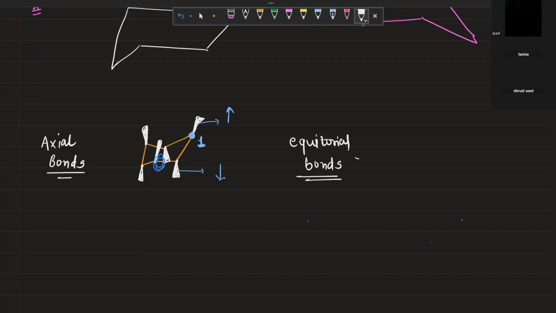So now again we are going to form a chair structure. In case of the axial structure, we form this one and this. These are equatorial bonds.